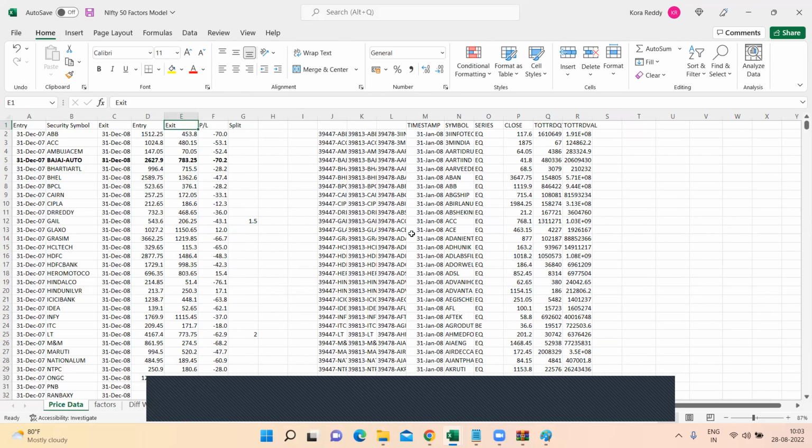In fact, not 2007. I've taken January 2008 data as December 2007, so it's a small mistake. I wanted to do this because January 2008 was a big down month. If you are doing any backtest, you might as well include the bad data. The market went down almost 15-20% in January 2008.